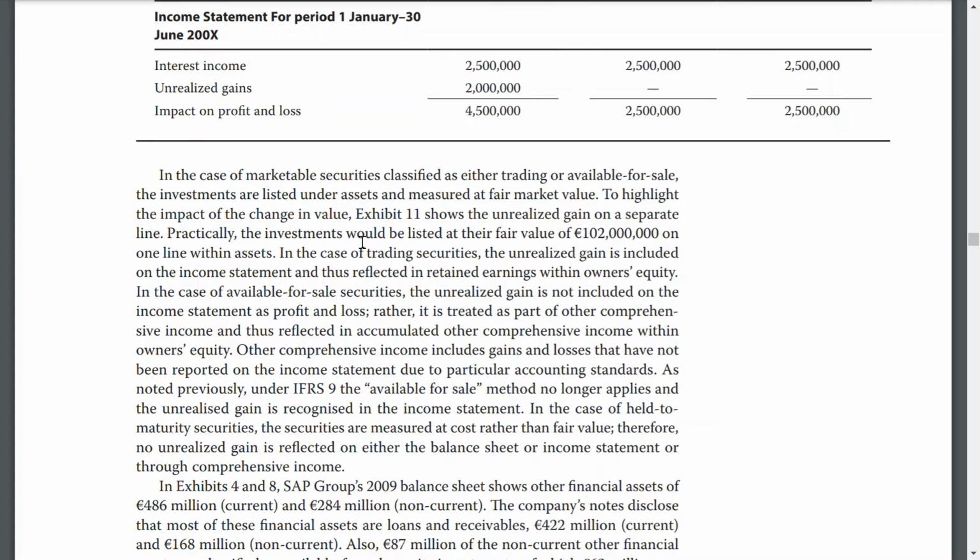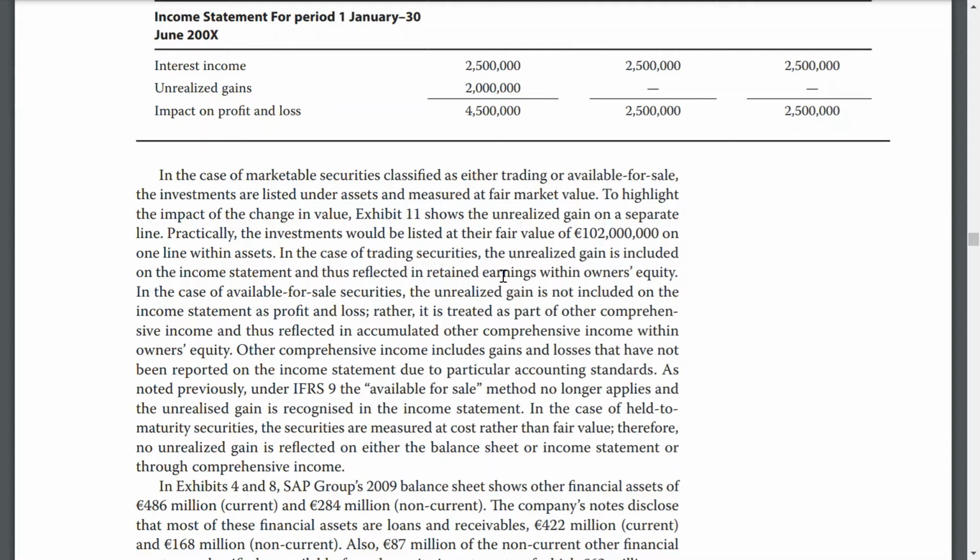In the case of available for sale securities, the unrealized gain is not included on the income statement as profit or loss. Rather, it is treated as part of other comprehensive income and thus reflected in accumulated other comprehensive income within owner's equity. Other comprehensive income includes gains and losses that have not been reported on the income statement due to particular accounting standards.